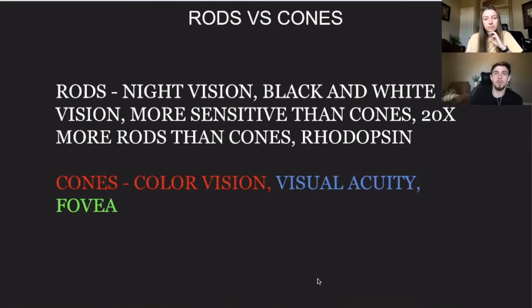So it's important to understand that rods and cones are just a type of specialized cell. It's not a protein that you've secreted. They're just a specialized type of cell that happens to be in your eye. Just like your fingernails are made to protect the ends of your fingers, well, I guess your fingernails are actually protein, so that's a bad example.